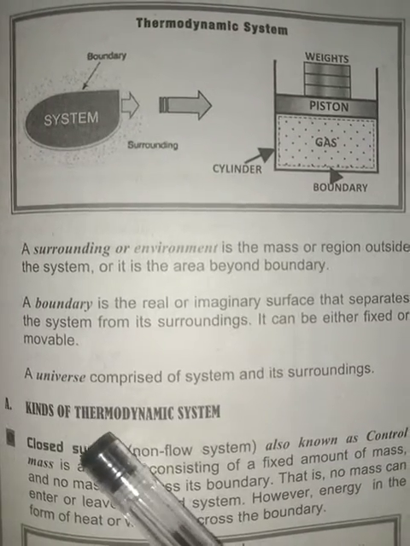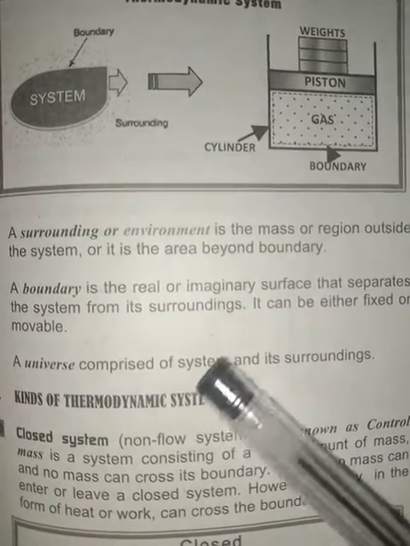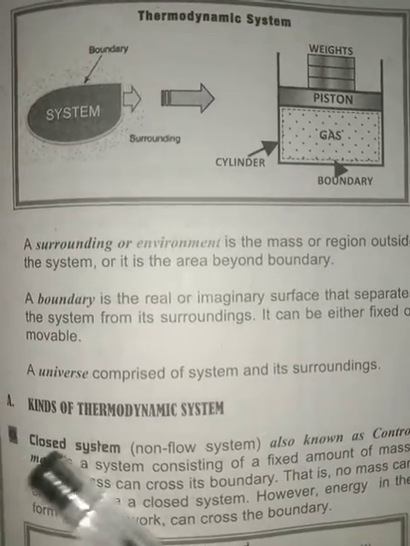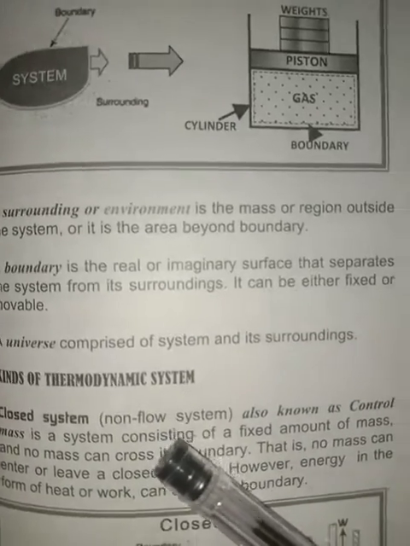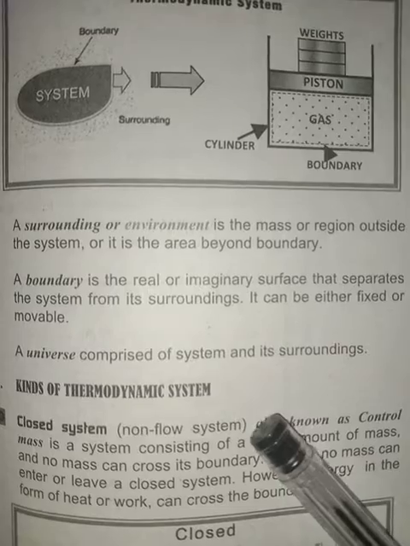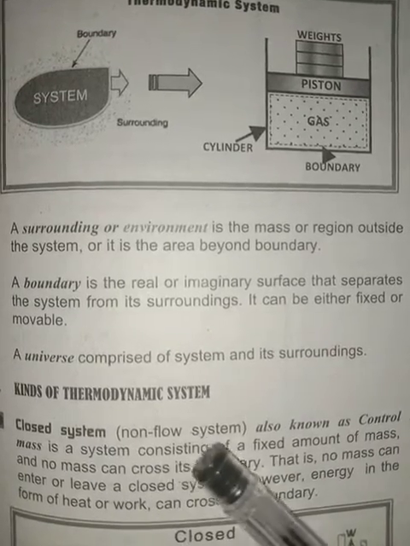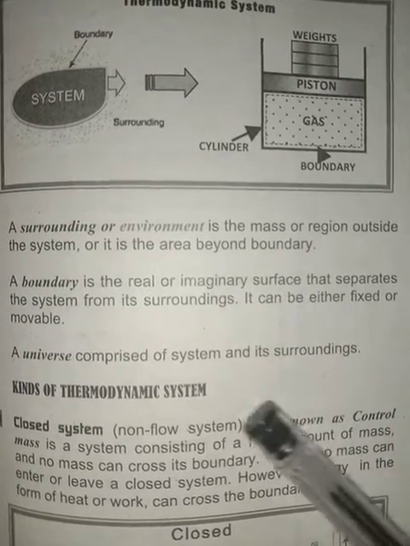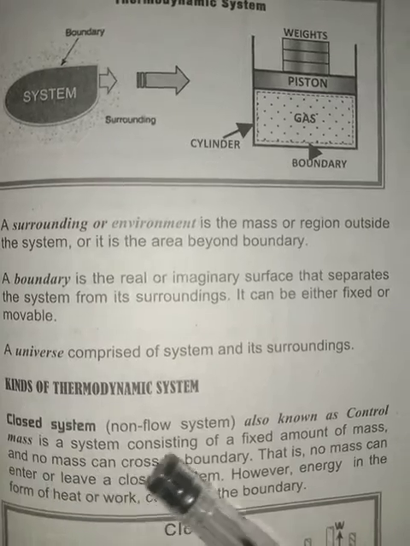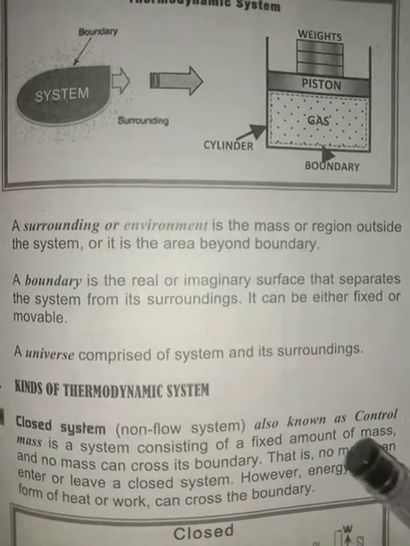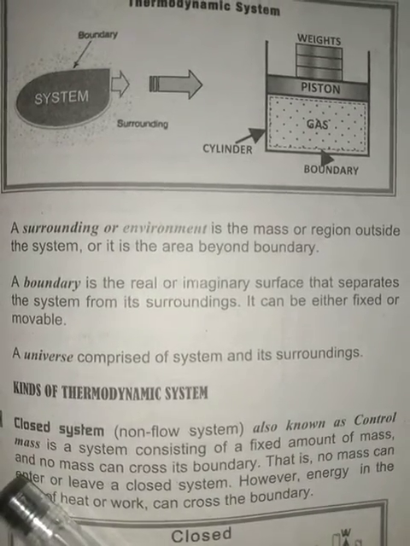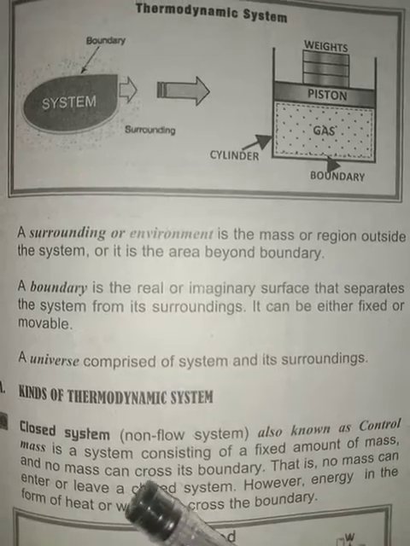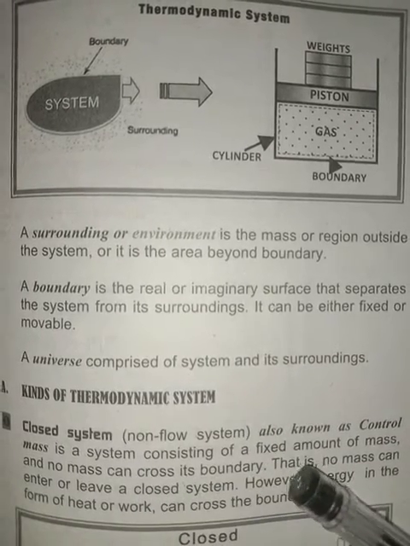So we have kinds of thermodynamic systems here. The first kind is a non-flow system, which means a closed system. Also known as the control mass, it is a system consisting of a fixed amount of mass, and no mass can cross its boundary.